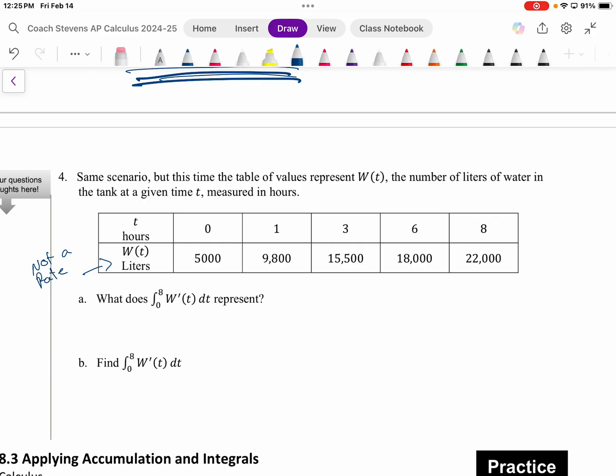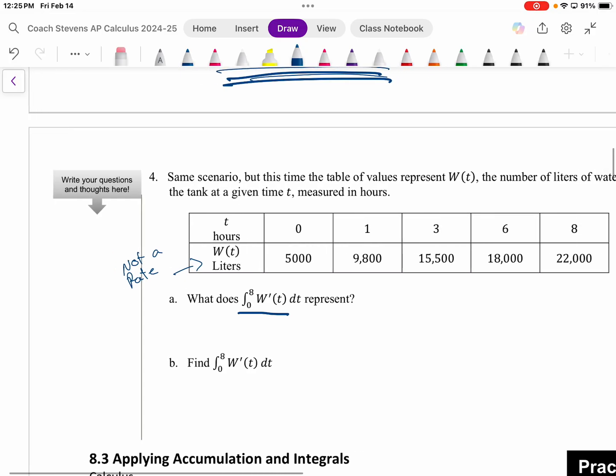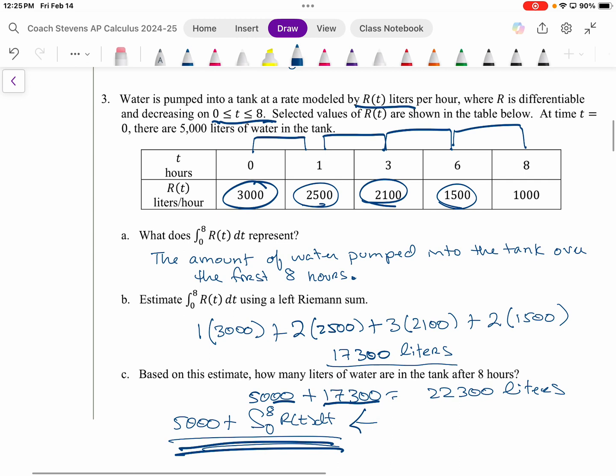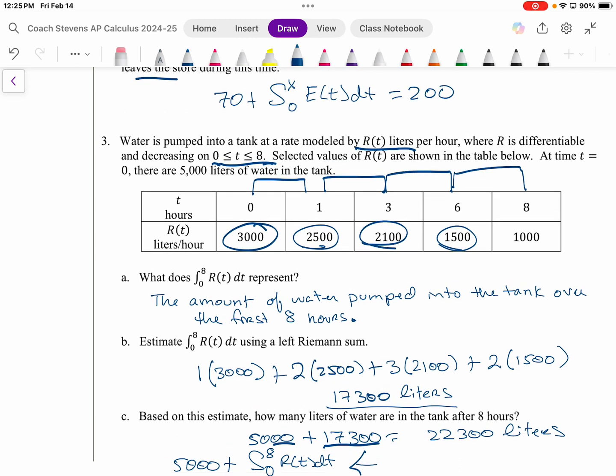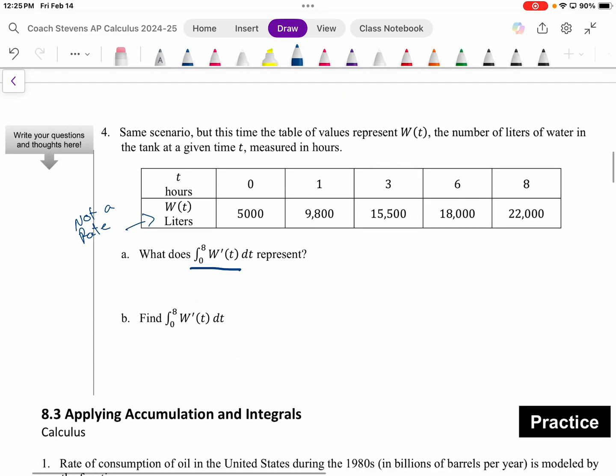So they ask us, what does the integral from 0 to 8 of W prime of T represent? Well, technically, if we think back to the previous problem, R of T is basically W prime. So we can actually use the same type of script here.